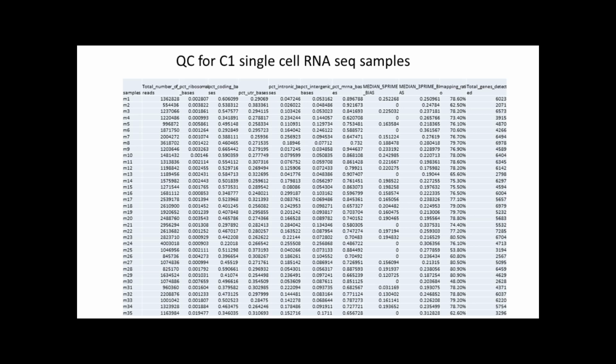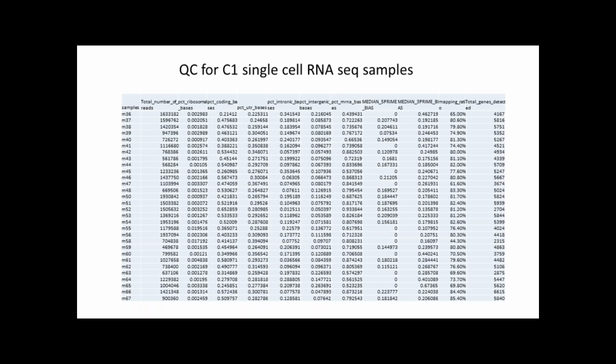The mapping ratio is more than 17%, and the total genes detected for each cell is about 6,000. So the quality of the sequenced samples for single cells is good, and it's useful for further analysis.